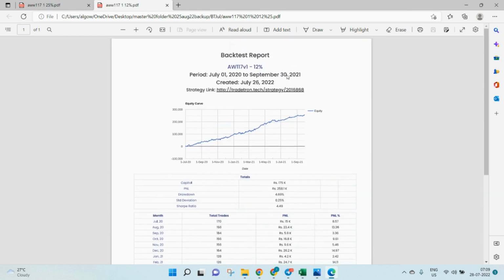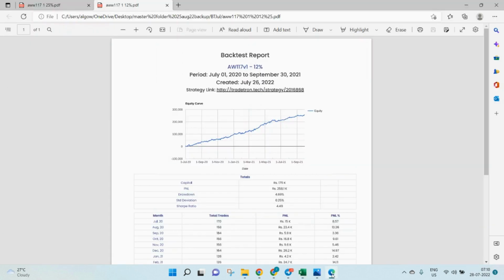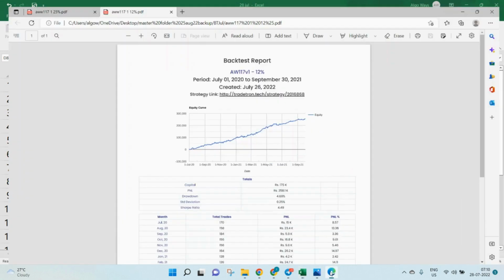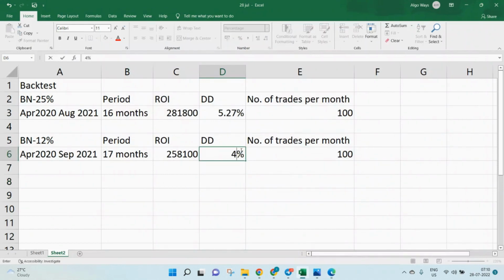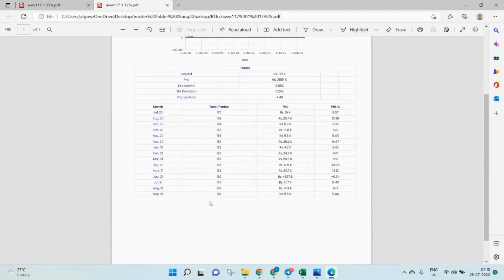I have taken September as the particular strike did not come into this, so it will be 17 months, till September. And this will be 258,100. And the drawdown is 4.69%. The number of trades is slightly higher in this case because we have a smaller stop loss. So we can take around 150 trades on average.